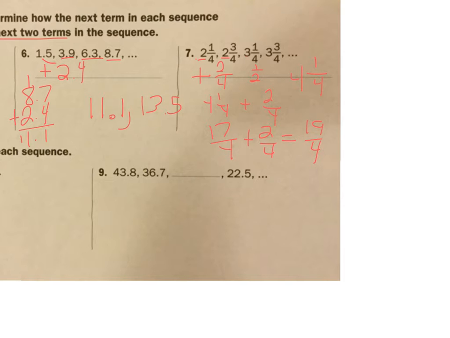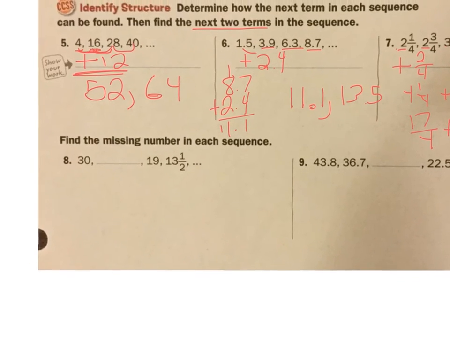Now 4 goes into 19 4 times, and then that leaves me with 3/4. So this would be the next one, and then the one after that is there. It's a little tricky, especially with fractions. But you're adding 2/4, and those are the next two.